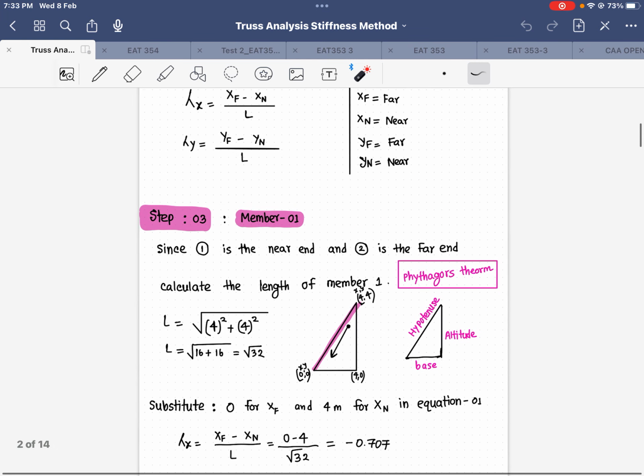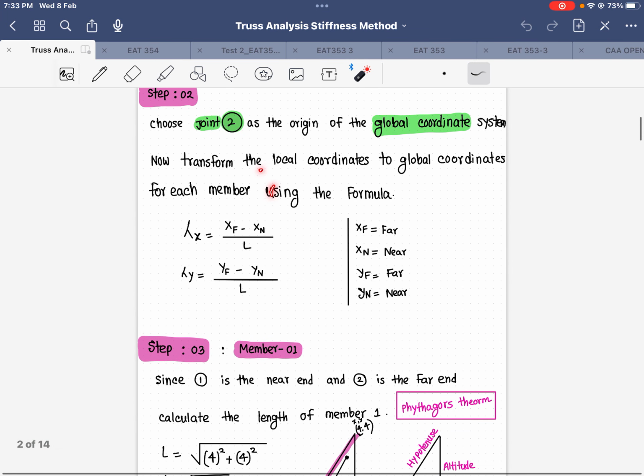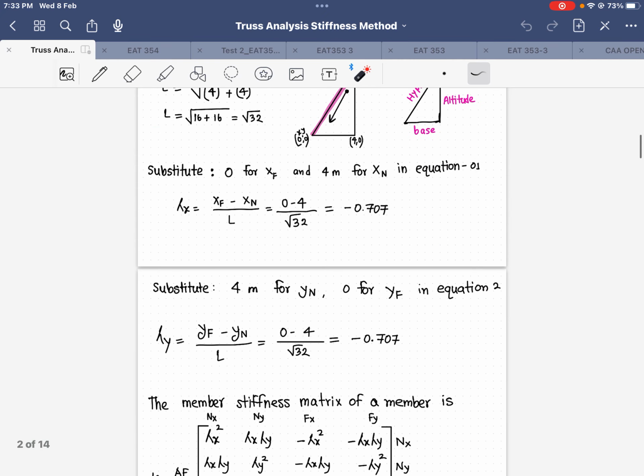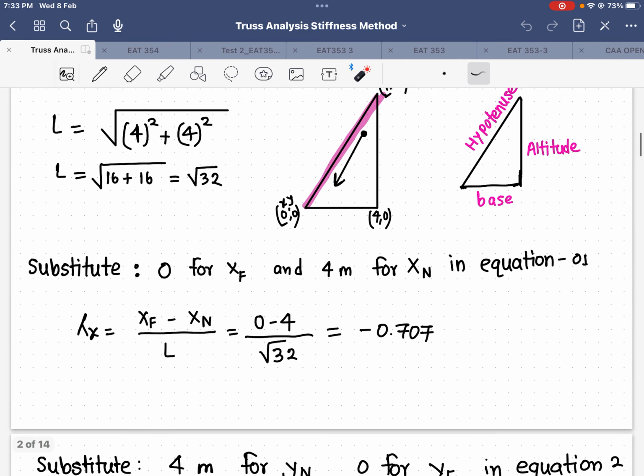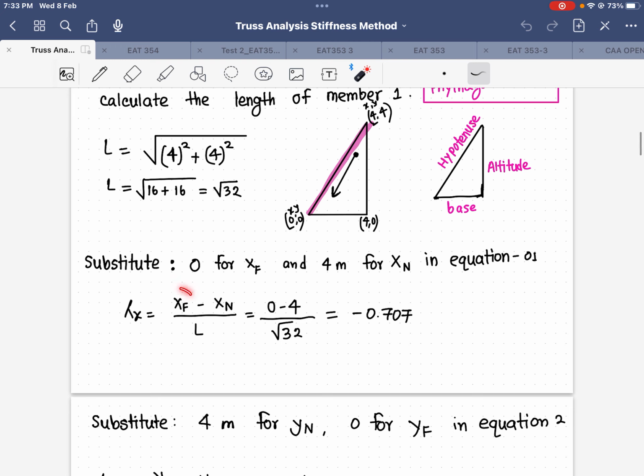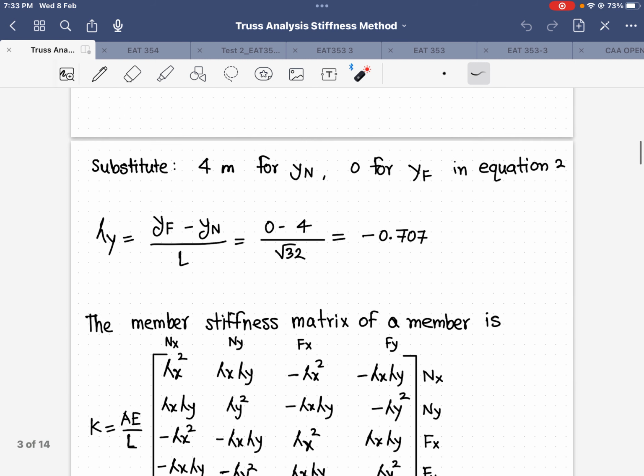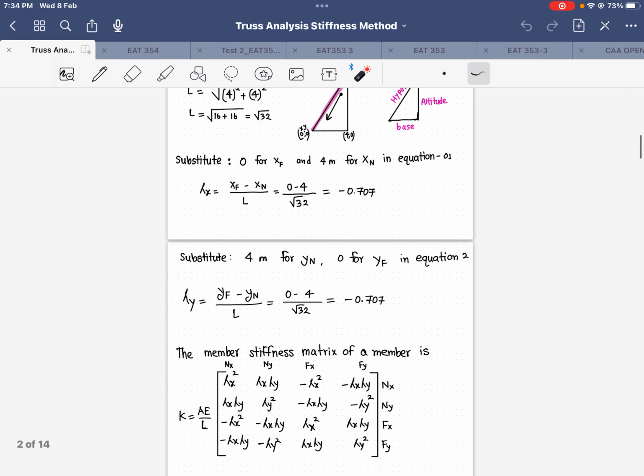So I just transfer all these local coordinates to the global coordinates. I plug in the values and I get negative 0.707. Now I will get the lambda y value. For lambda y we get 0 and 4, divided by root 32 because this is the length, and I get the same value, 0.707.